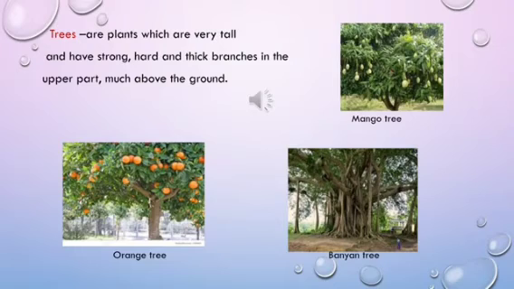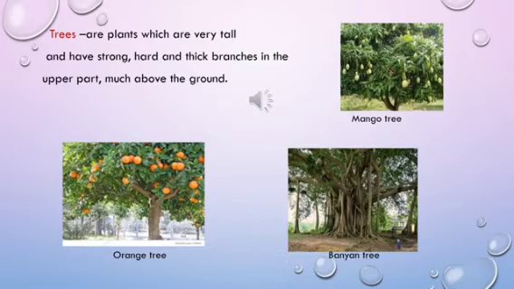The third group of plants are trees. Trees are plants which are very tall. They have very strong, thick and brown stem. They have branches in the upper part much above the ground.